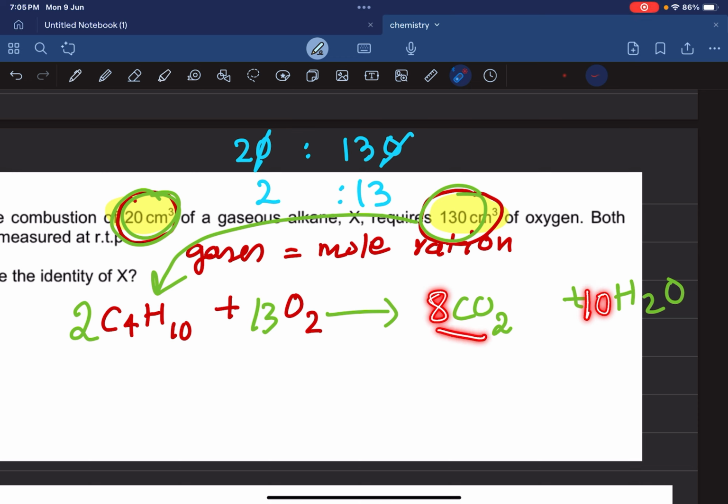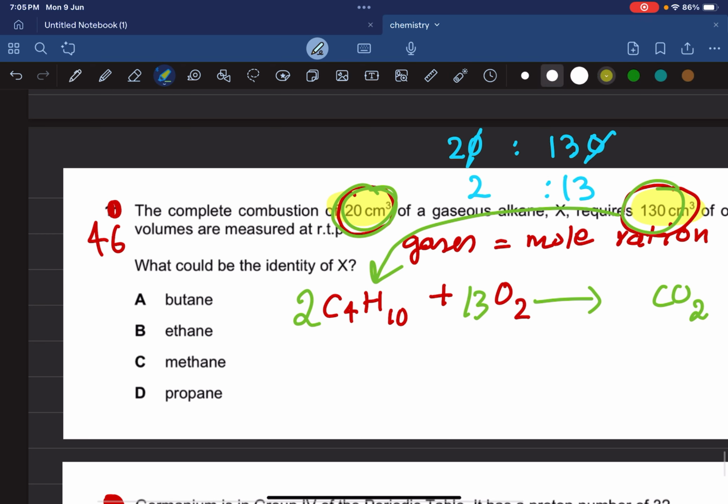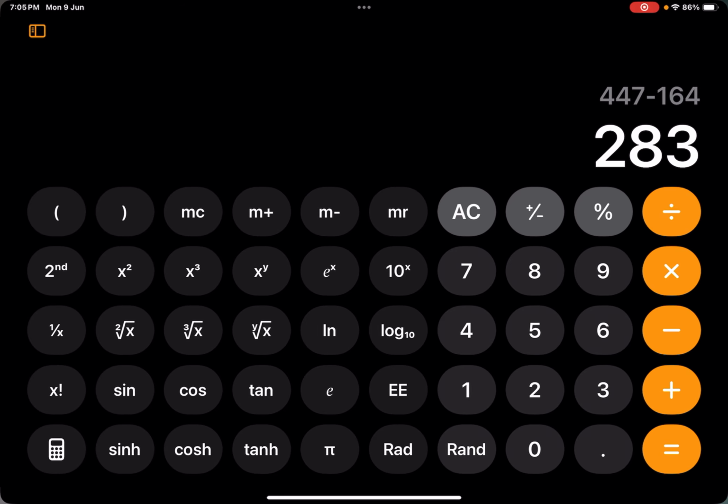That's going to make 8 2s are 16, and 16 plus 10 is going to make it 26, and 2 multiplied by 13 gives me 26. So that's correct. There's going to be a 13 over here, which makes option A, butane, correct.